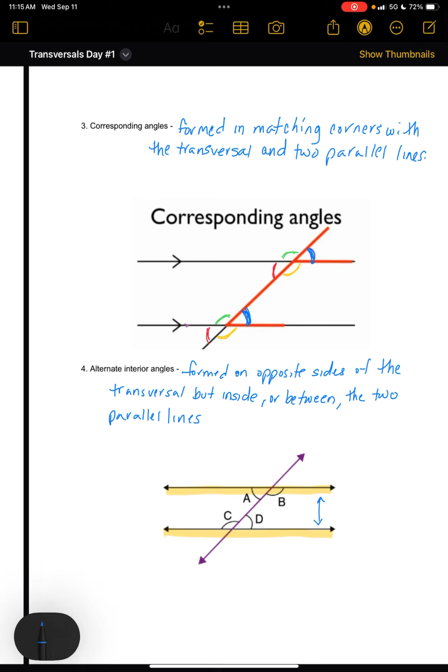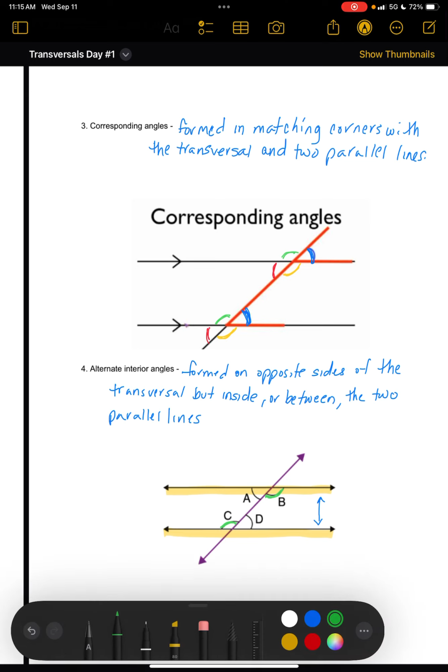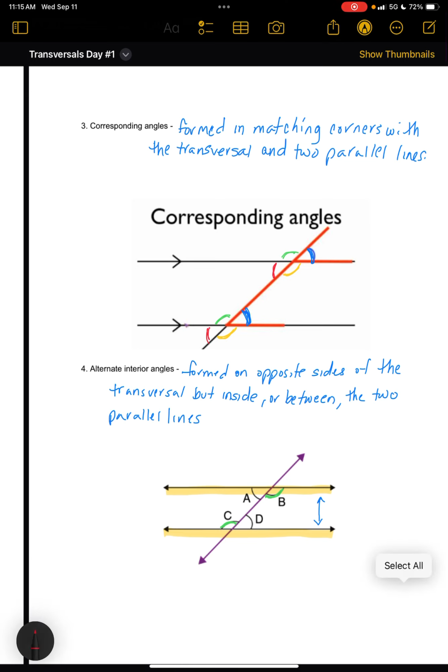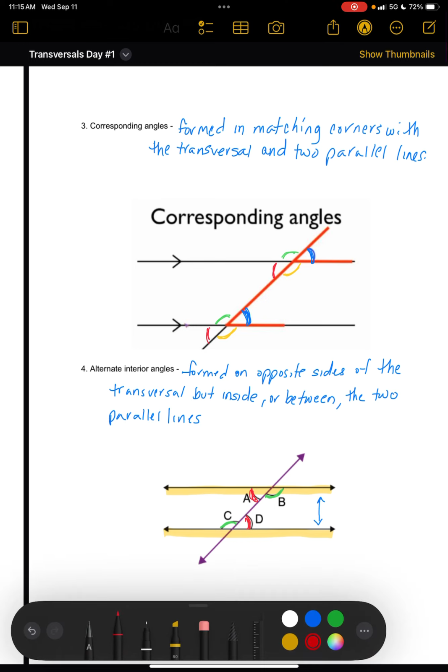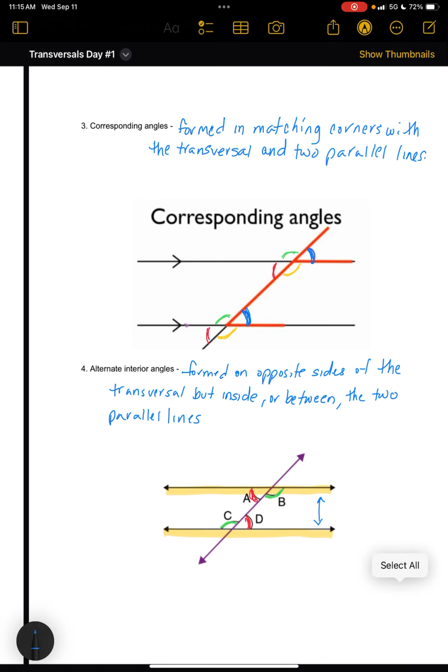So we create 2 sets of alternate interior angles. So C is on this side, B is on that side. They're on opposite sides, right? So opposite sides is the key thing here. A and D, opposite of each other, right? But between the 2 parallel lines. So that's what we're talking about when we say opposite.